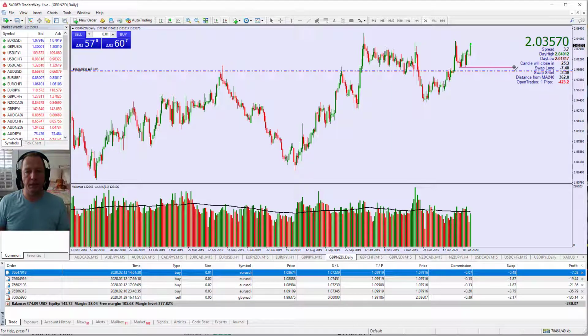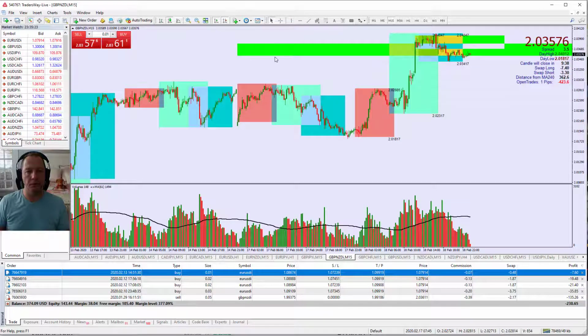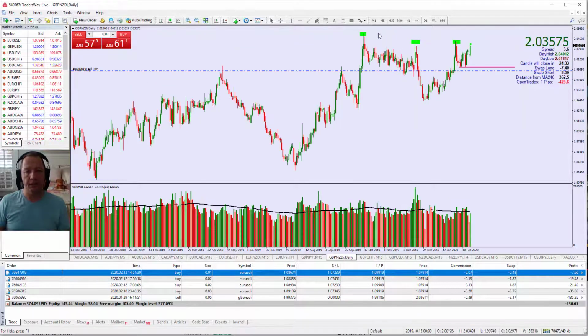I believe that because we have a top here, we have a top here, and we have a peak up in here, and then we have another low again here, which is right where the trading range is, which I just painted over. So I'm going to take that off. So on daily, that's what we're looking at, and it's a downward trend in that sense.